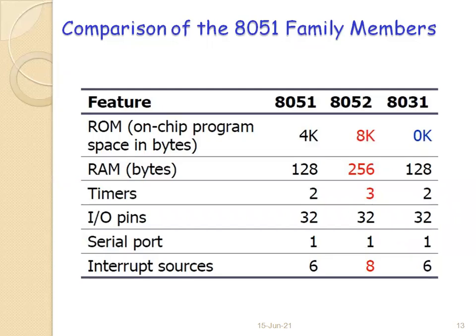The ROM, the RAM, everything is the same. But Intel has its own variants like 8051, 8052, 8031. So what are the differences among the variants manufactured by Intel?